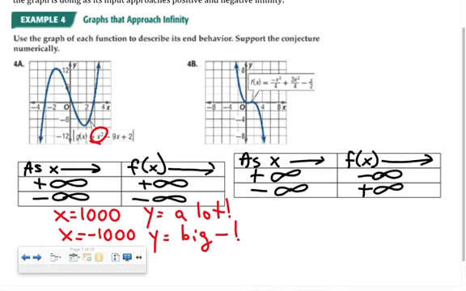Supporting it numerically, if I have x equals 1,000, when I plug this into my calculator, 1,000 raised to the third power, I put a negative in front of it, divide it by 4, that's still a pretty big number, negative-wise.